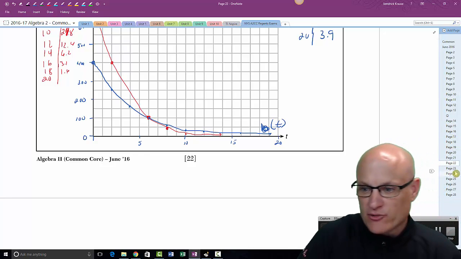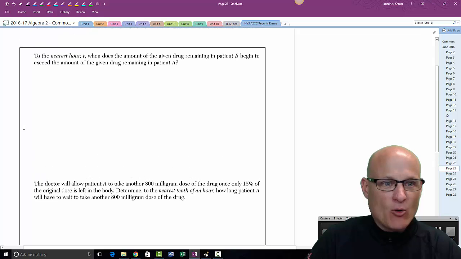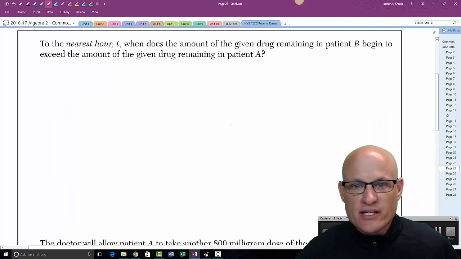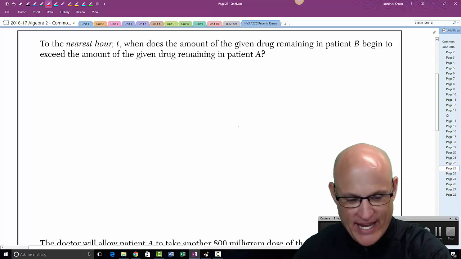All right, next page. I got to go back and forth. To the nearest hour, when does the amount of the drug remaining in patient B exceed the amount given to patient A?